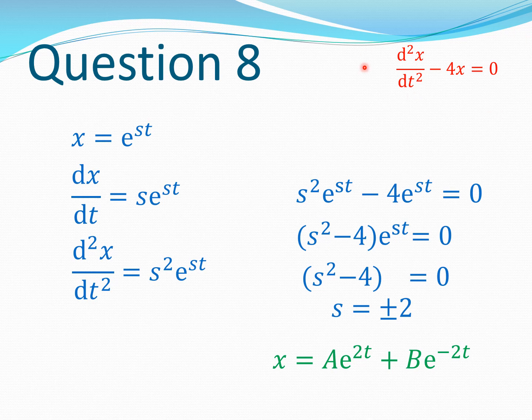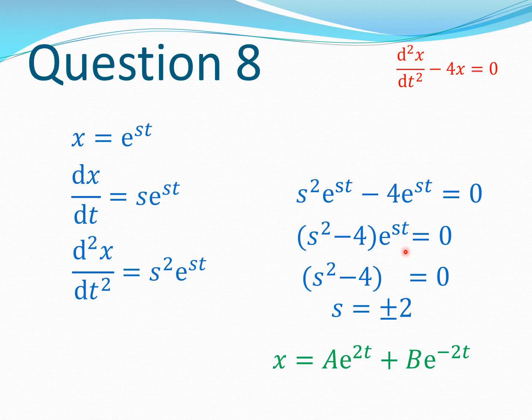So in these equations you can very easily assume that the solution has the form e to the power st, and you can see that if you take the first derivative dx by dt, you get s e^st. You take the second derivative, you get s squared e^st, and you substitute this here, so you get this equation here. Now I can simplify this equation, and I immediately realize that e^st is not going to be 0.